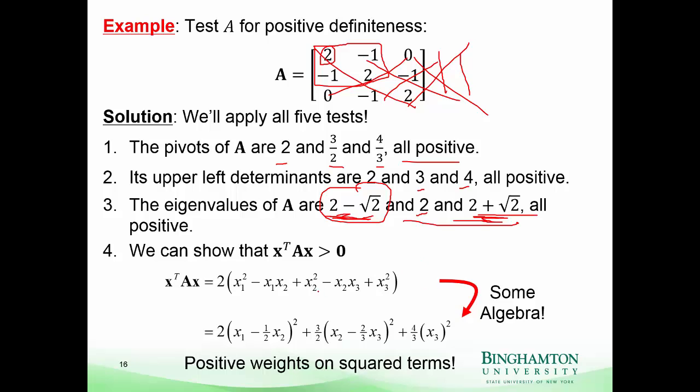There are other ways to do this, but all we're doing is just regrouping terms so that we get a bunch of terms, all of which are squared with positive constants out in front. And it's no accident that those numbers are the pivots out in front. Coolness, huh? This matrix has a lot of cool things about it.